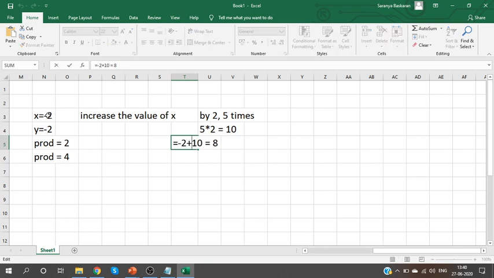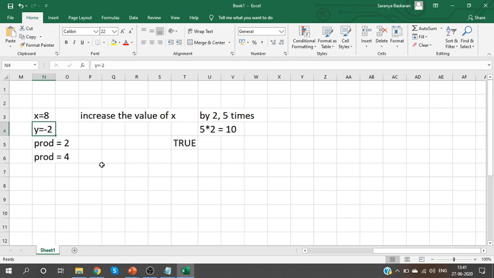So now x value changes to 8 and y value is minus 2. Now your product will become minus 16. Do you observe the difference? Last time the product was plus 4.